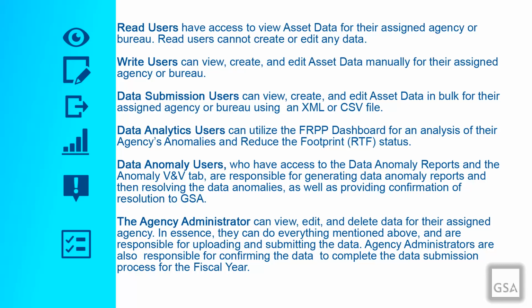The agency administrator can view, edit, and delete data for their assigned agency. In essence, they can do everything mentioned above and are responsible for uploading and submitting the data. Agency administrators are also responsible for confirming the data to complete the data submission process for the fiscal year.